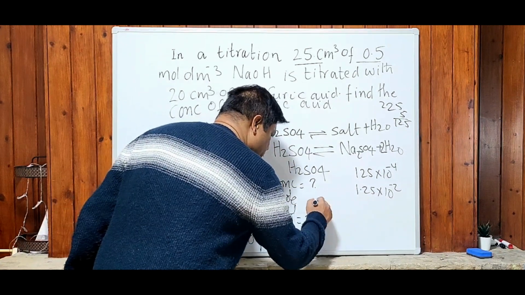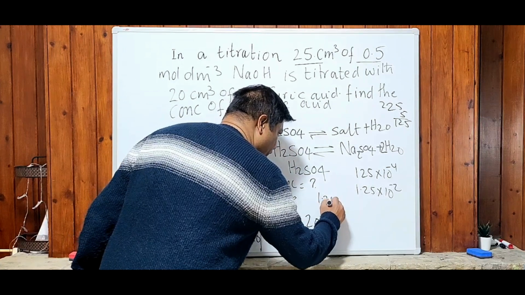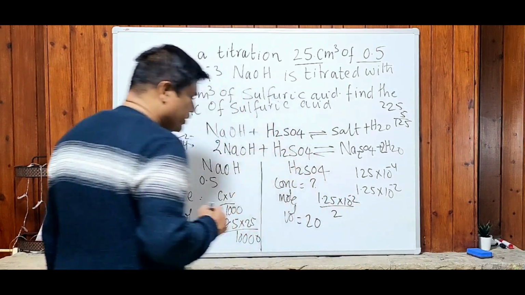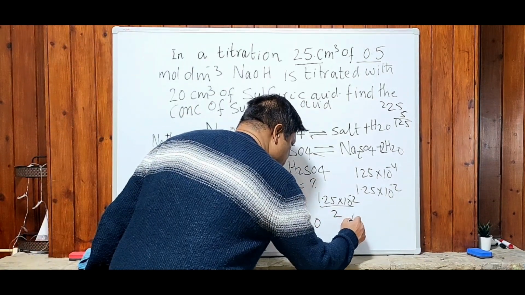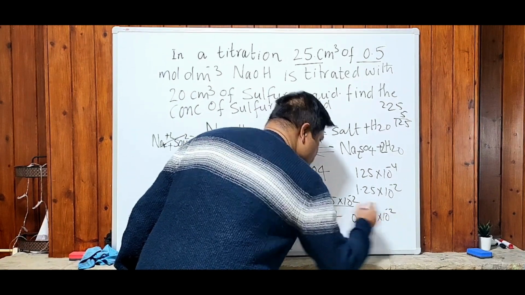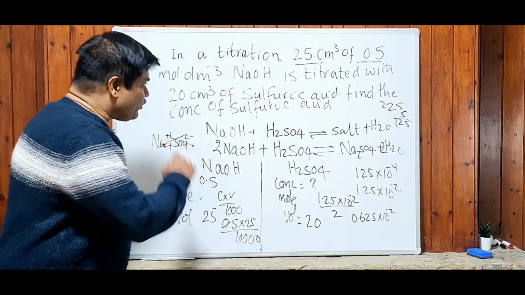So moles equals 1.25 into 10 to the power of minus 2 divided by 2, which is nothing but 0.625 into 10 to the power of minus 2. That's the moles of the sulfuric acid.